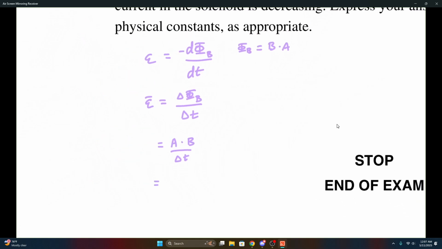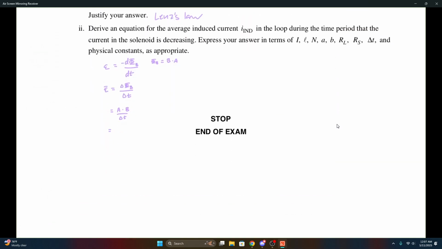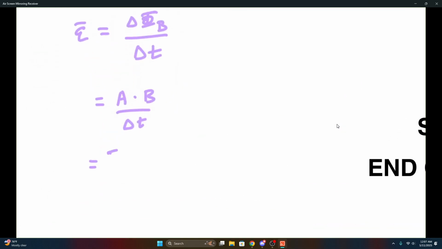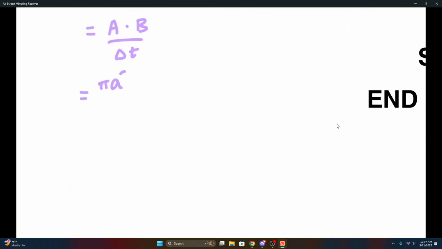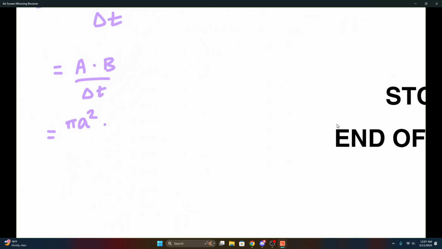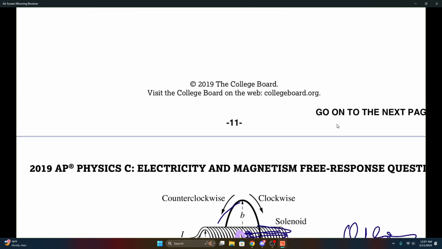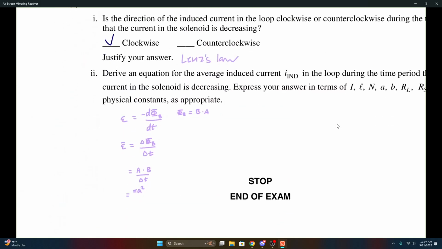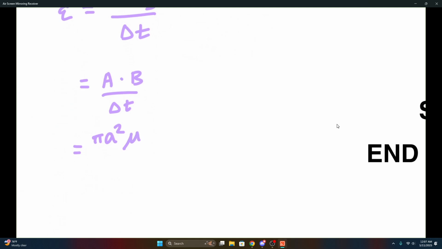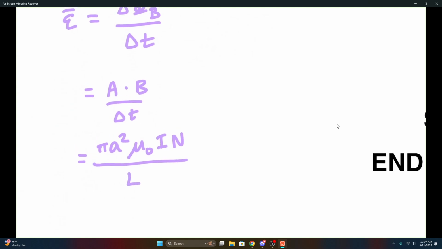The area is just this area, because there's only field inside the solenoid. So that's going to be pi times a squared. And then we know the field is whatever we had up here, mu naught I n over L, and then times delta time.